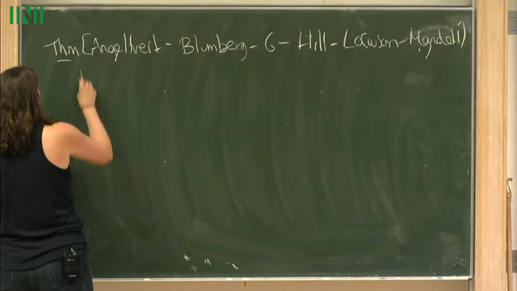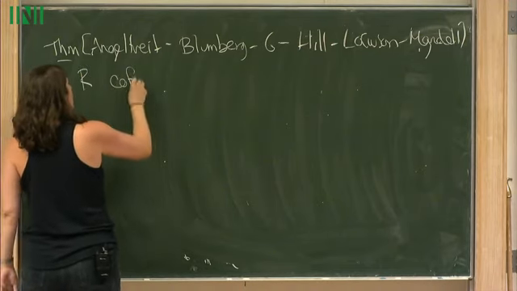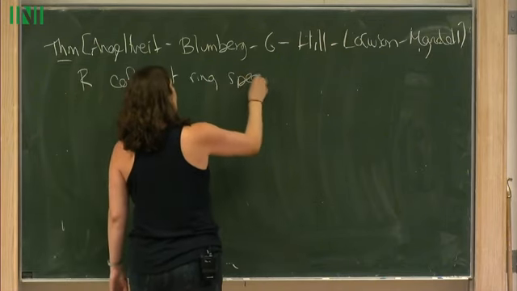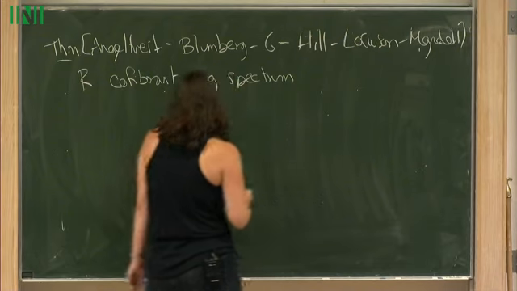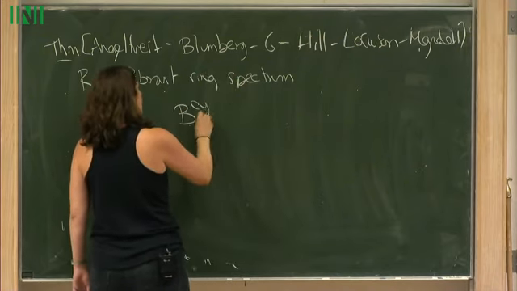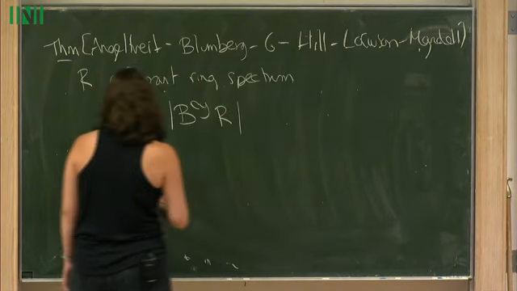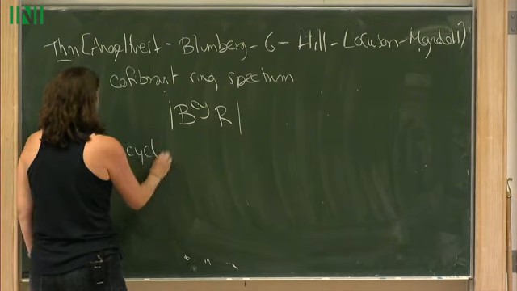So more specifically, let's say R is a cofibrant orthogonal ring spectrum. Then what we show is that the geometric realization of the cyclic bar construction on R is cyclotomic.